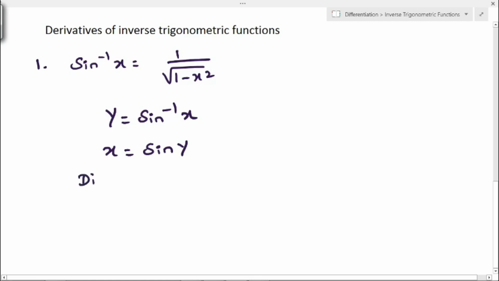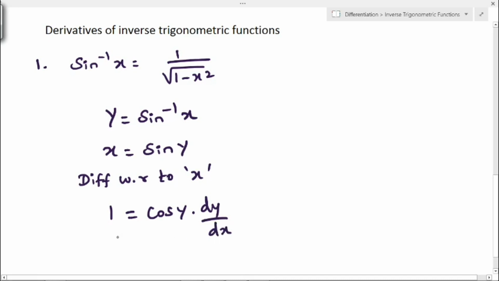Now we have to differentiate this equation with respect to x. On the left hand side we have x. If you are differentiating this with respect to x, dx by dx, that is nothing but 1, equal to, what is sin y differentiation? Sin y differentiation is cos y into, differentiating y, dy by dx.